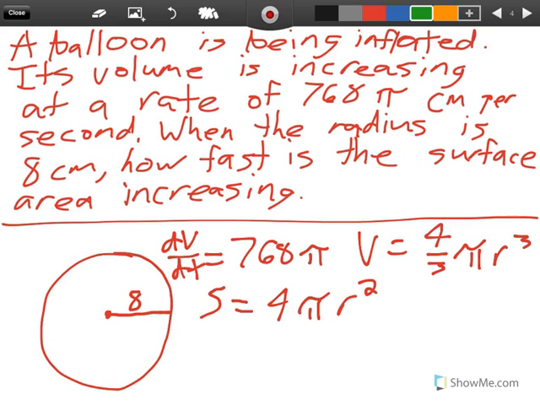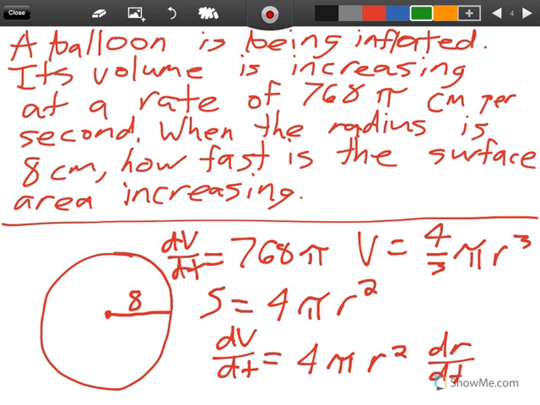First we're going to set up the volume equation and take the derivative of the volume. So dV/dt equals 4 pi r squared dr/dt. Remember the chain rule and the dr/dt. When you take the derivative of r cubed, the 3 comes down and multiplies with the 4/3, and the 3s cancel, so it just leaves 4.